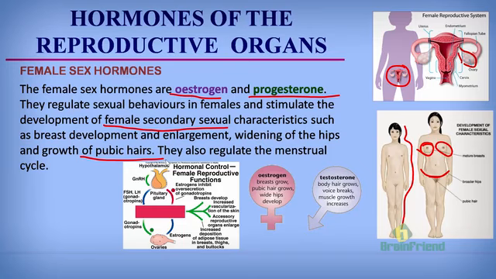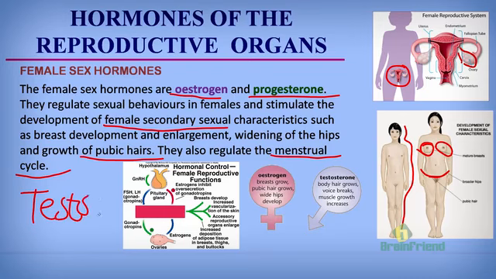Estrogen and progesterone also help to regulate the reproductive cycle, that is the menstrual cycle in females. These are some examples of roles that are performed by the female sex hormones. Let me also mention here that apart from estrogen and progesterone, the bodies of females also have a little of the male sex hormone, testosterone. Remember testosterone?